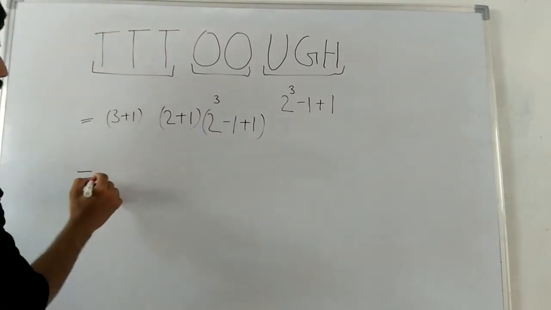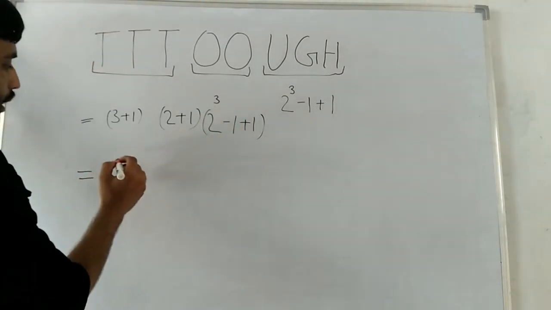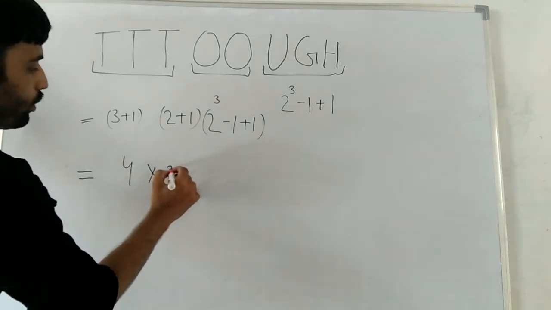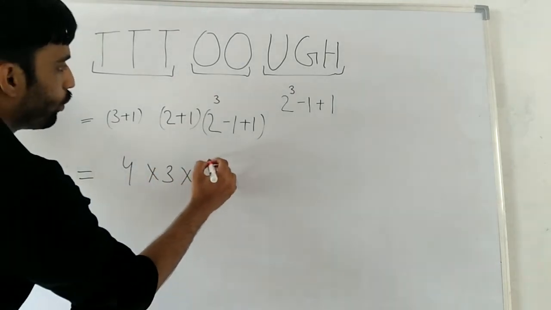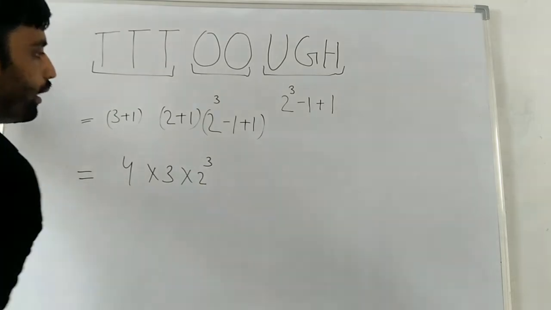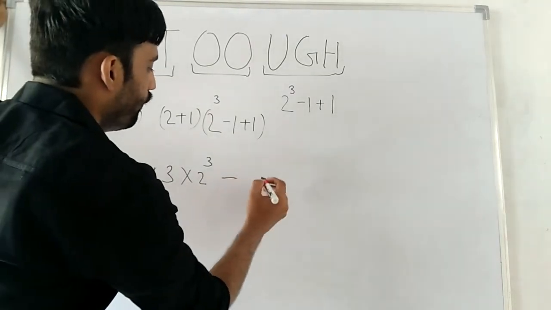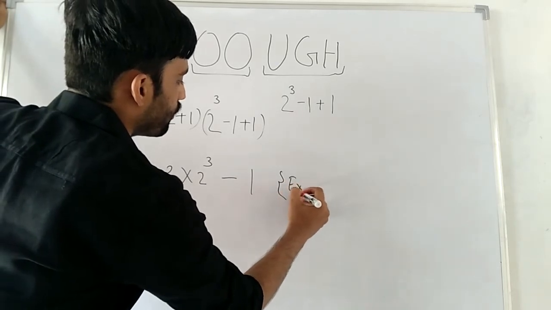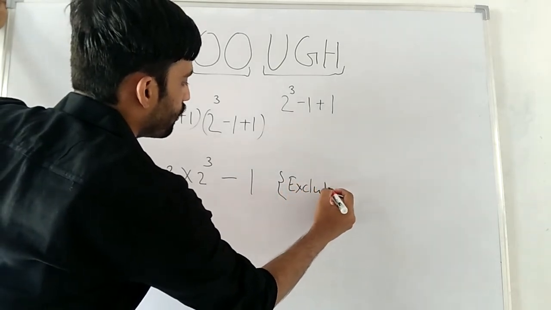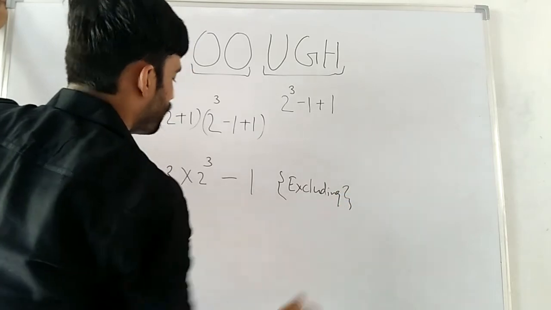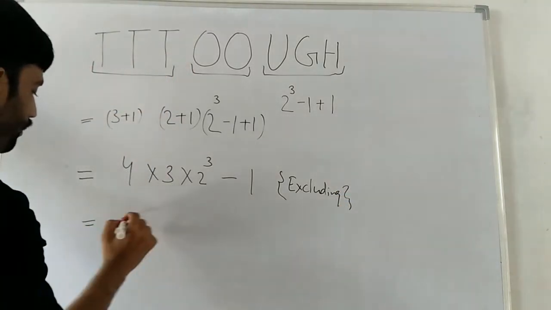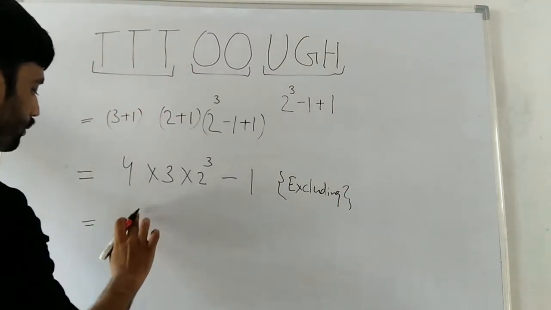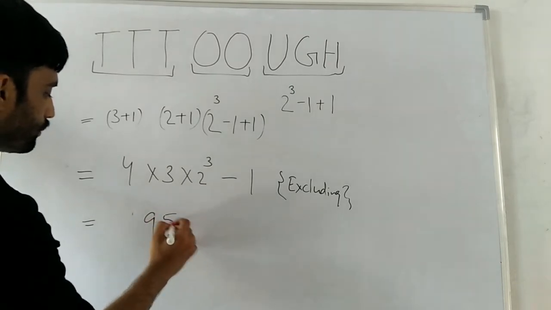After multiplying all this, it will become 4 into 3 into 2 to the power 3. And now we are excluding the case of not choosing anyone. So the answer will become 95.